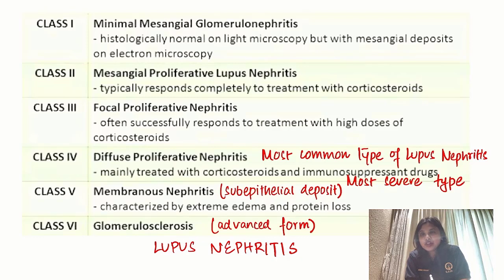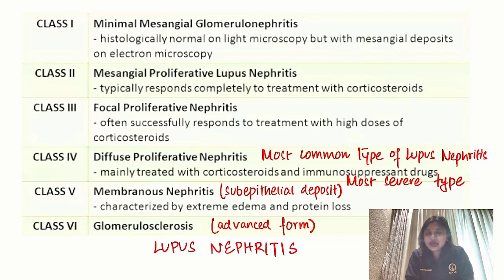And usually what happens in SLE nephritis, we always do a renal biopsy. The child might present with proteinuria, the child can present with hematuria, and persistently low complement levels. Sometimes we have a confusion whether we are dealing with post-streptococcal glomerulonephritis, PSGN, or lupus nephritis.